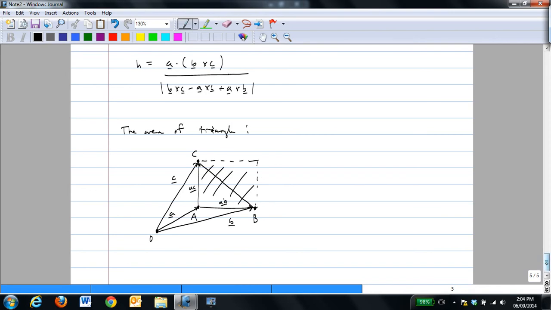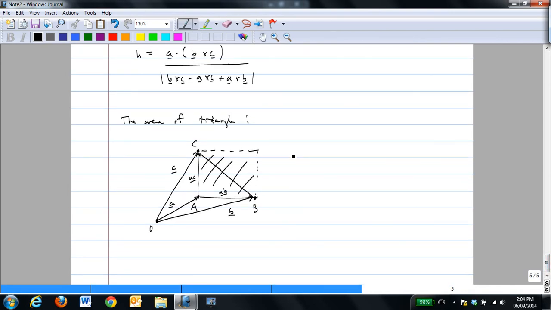So the area of the triangle is just the absolute value of the cross product between AC, which is c minus a, and AB, which is b minus a, and then you divide it by 2. Because when you do this part here, we get the area of the parallelogram rather than the area of the triangle. So we divide that by 2.